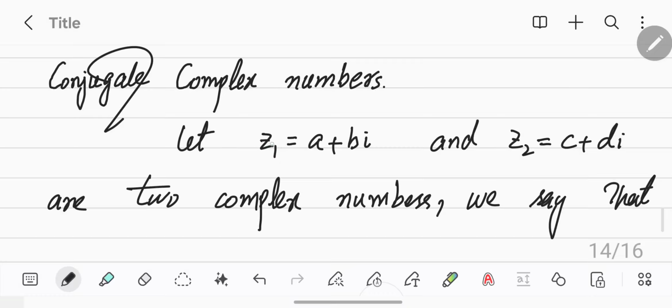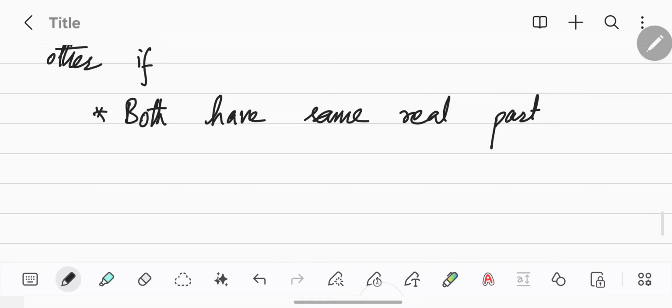That means the real part of z1, which is a, and the real part of z2, which is c, must be the same. So a must be equal to c.